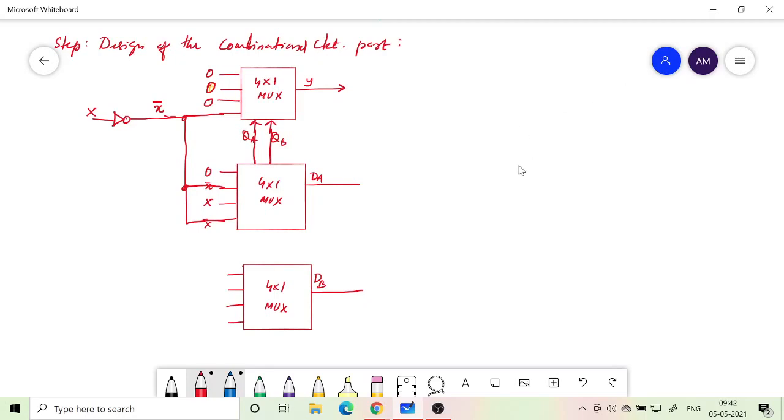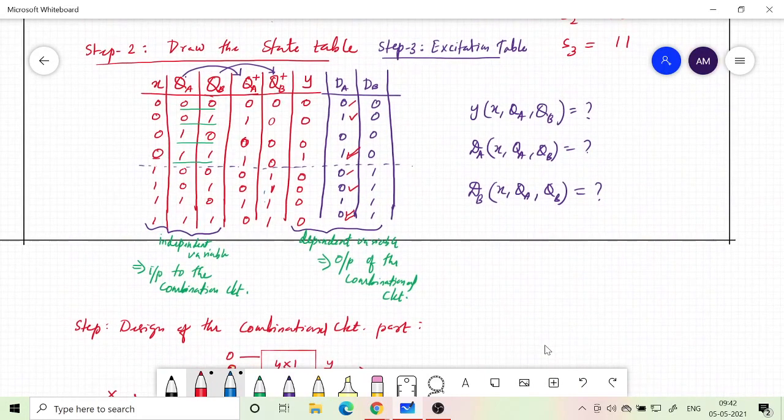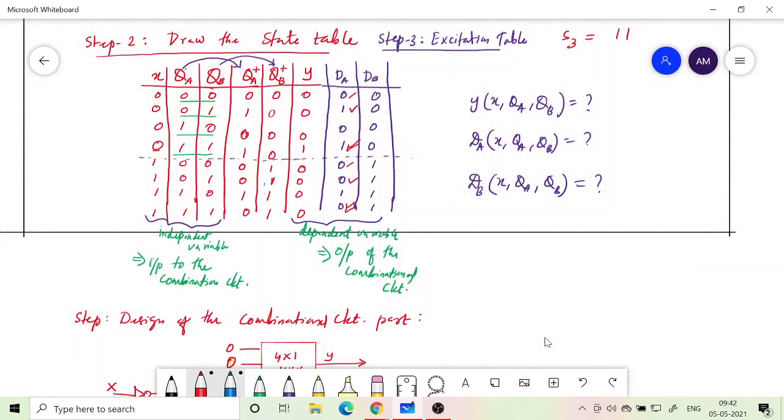So you have to look at the state table and the excitation table together to see that, and you can see that when X equals 0, when it is at 0 0, it's going to be 0, and 0 1, it is going to be 0.